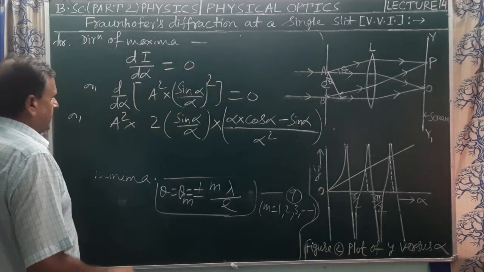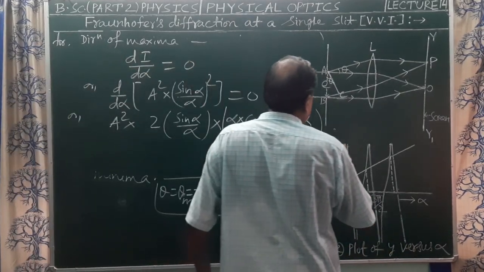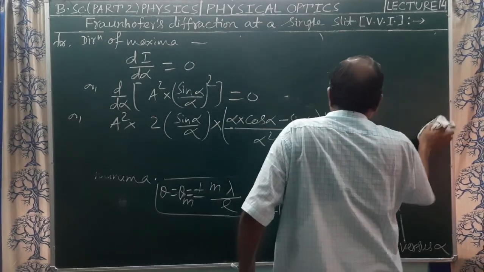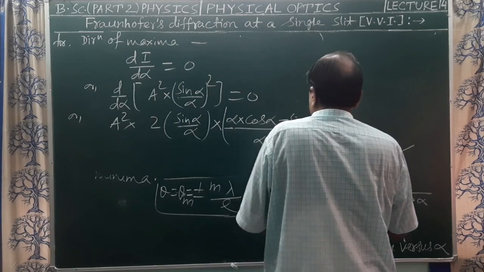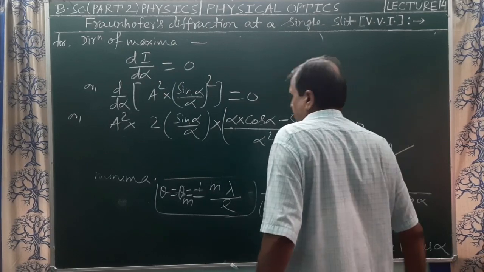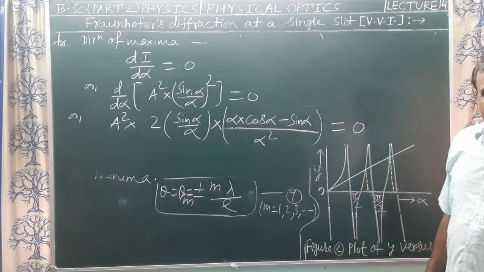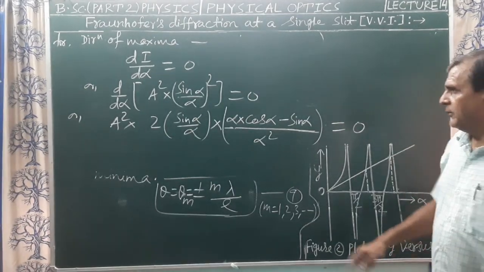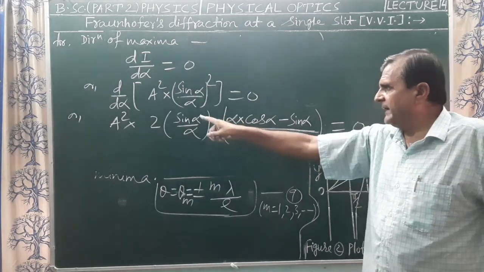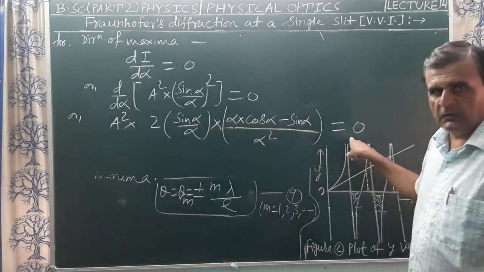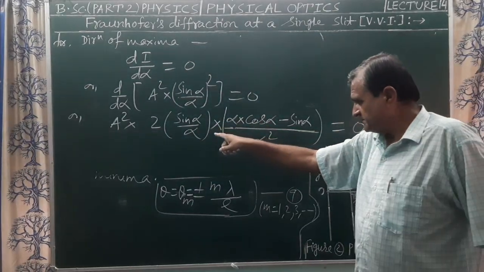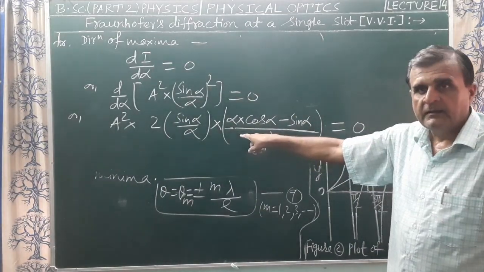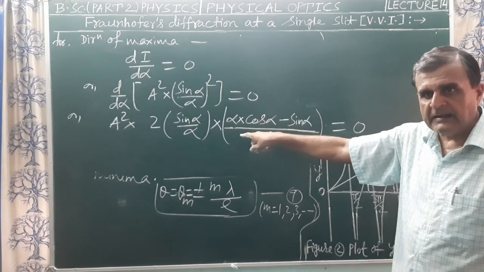So we have this, and it is equal to 0. Thus we can obtain the direction of maxima. 2A squared sin alpha by alpha cannot be equal to 0, but the product of these terms is equal to 0. Therefore the bracketed term must certainly be equal to 0.